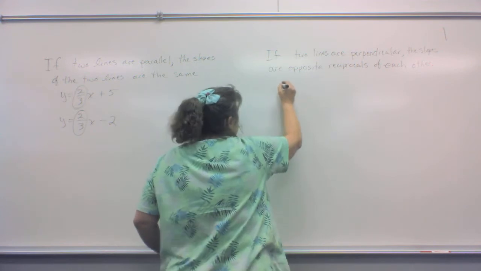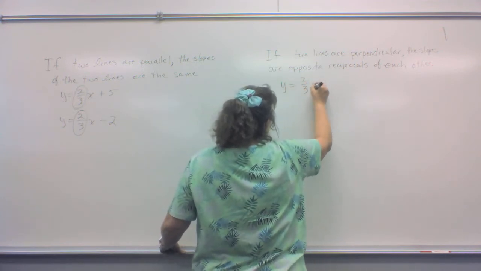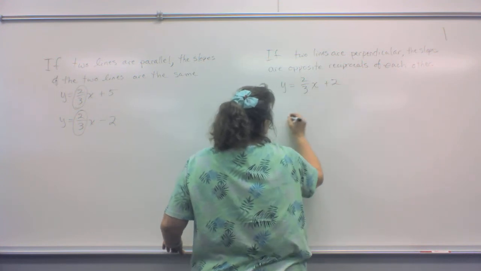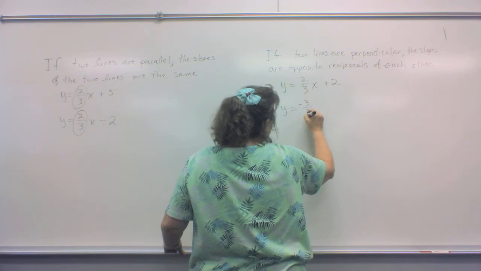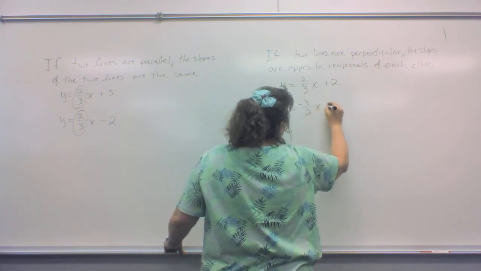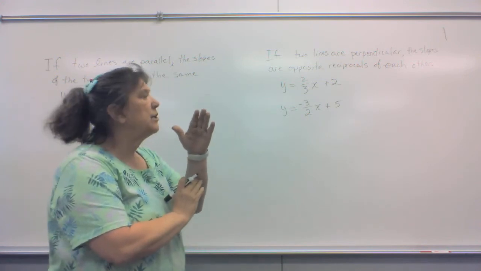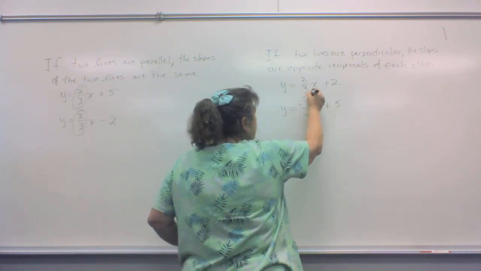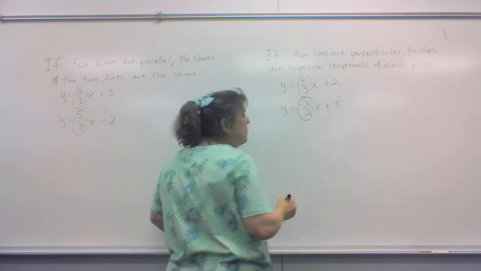In other words, y equals 2/3 x plus 2, y equals negative 3/2 x plus 5. These will be perpendicular to each other because the slope of this one is the opposite reciprocal of that one.